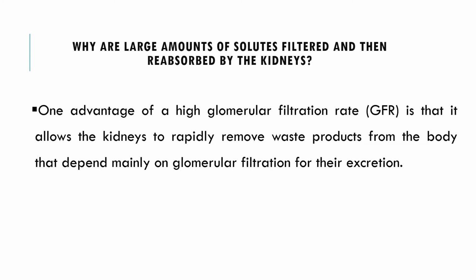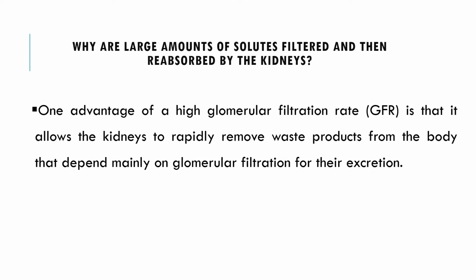One advantage of a high glomerular filtration rate is that it allows the kidneys to rapidly remove waste products from the body that depend mainly on glomerular filtration for their excretion. The kidney is the organ responsible for elimination of many toxic substances from our body.